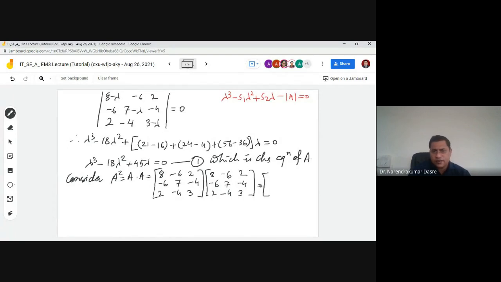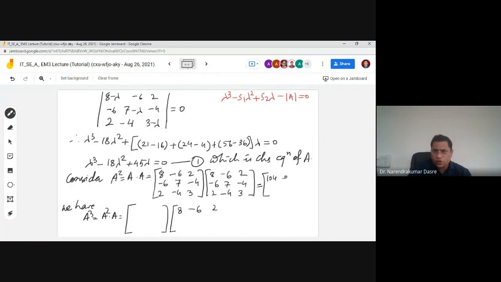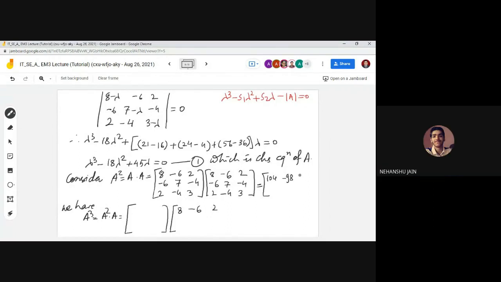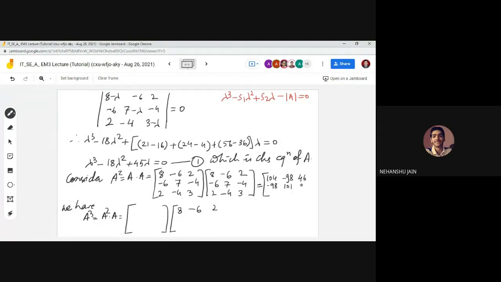You can use a calculator and give this value. 104, minus 98, 46. Then minus 98, 101, minus 52.